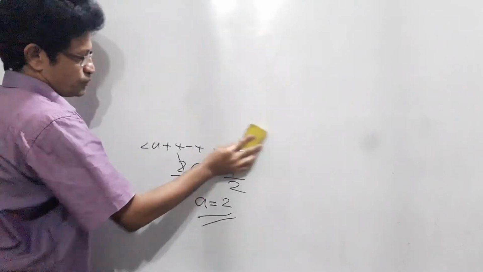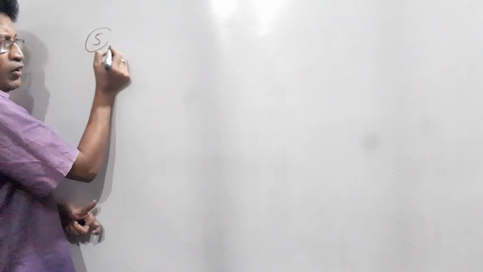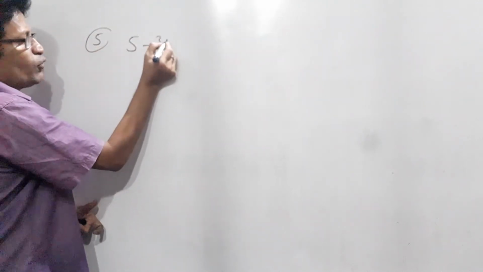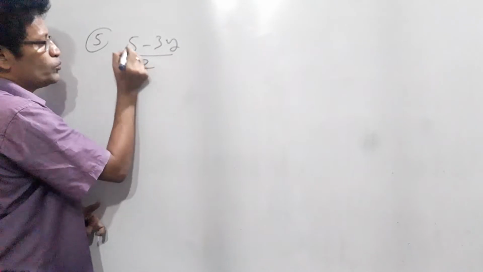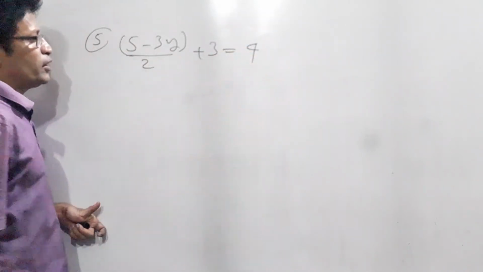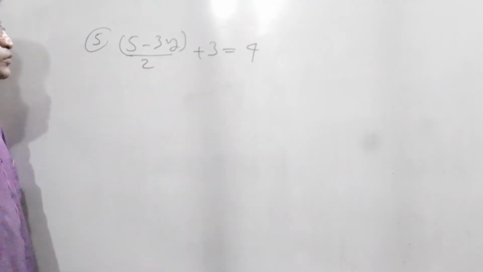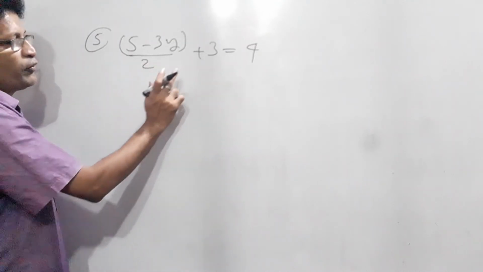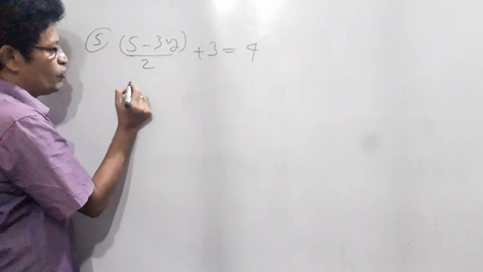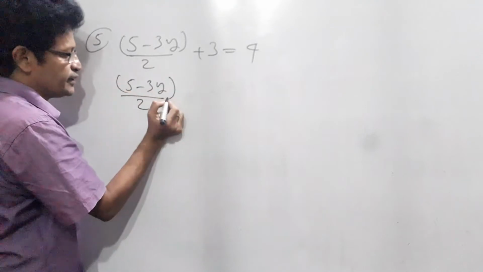Question number 5 is this: (5 − 3y)/2 + 3 = 4. First of all, we have to get rid of this 3. So (5 − 3y)/2 we write as it is.